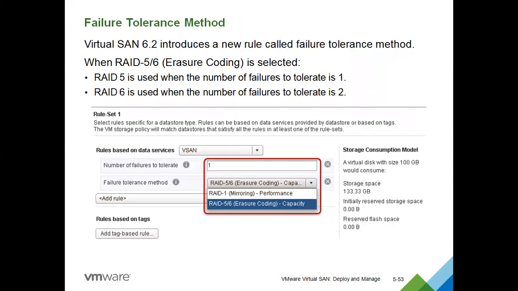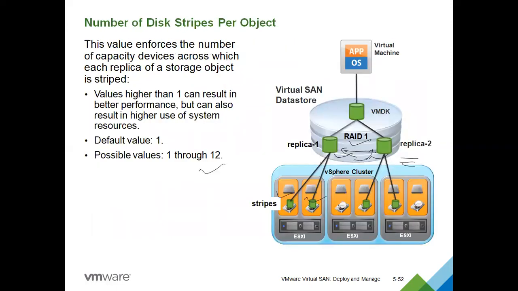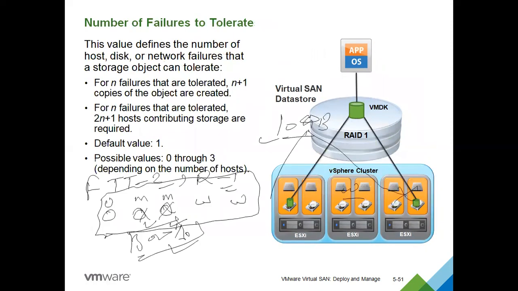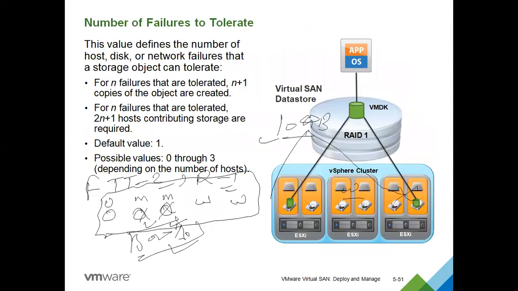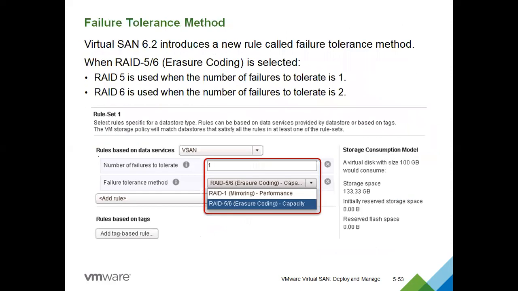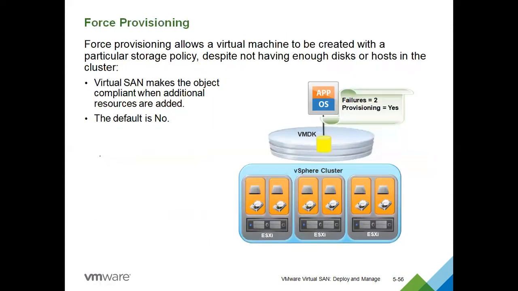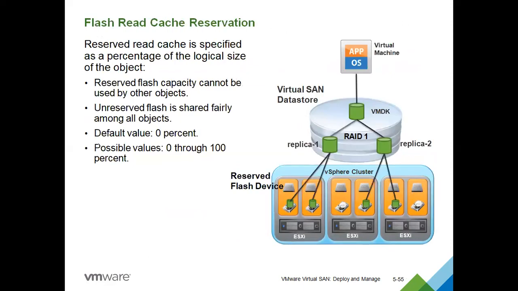Now let's talk about erasure coding. How is erasure coding different as compared to simple RAID or the mirroring concept? Here we were talking about the policy, right? Under erasure coding, can I take a blank slide here? Okay, let me take it here.